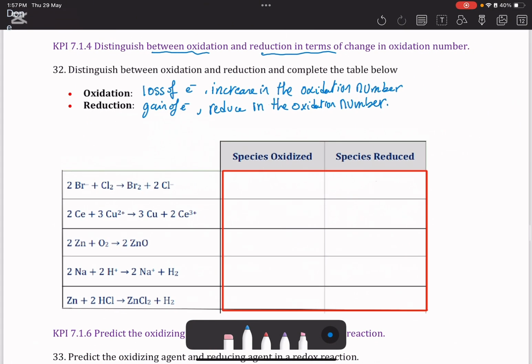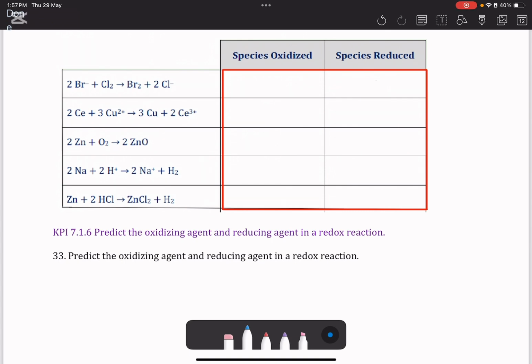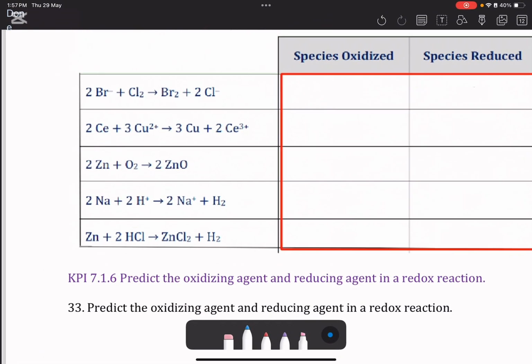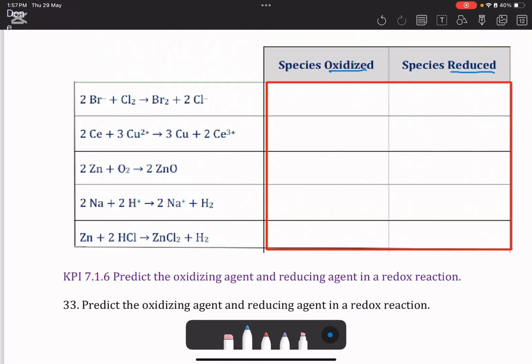Now, let's look at the species given to you. They want to know which species are oxidized, which species are reduced. First of all, you have to know that when you answer these questions, you cannot choose any answer from the product side. It's those reactants, which one is oxidized, which one is reduced.